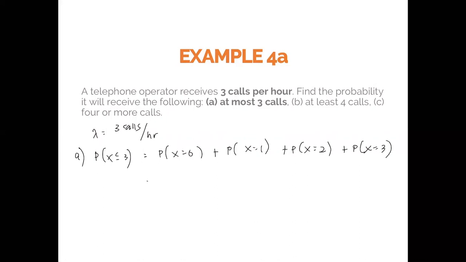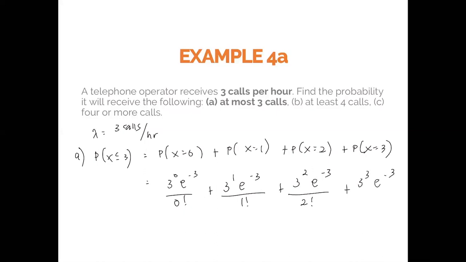Okay? Applying yung formula, so we have 3 to the 0, e negative 3 all over 0 factorial plus 3 to the 1, e negative 3 all over 1 factorial plus 3 squared, e negative 3 over 2 factorial plus 3 cubed, e negative 3 all over 3 factorial. Okay? So performing that notation will yield to 0.6472 or 64.72%. Okay?